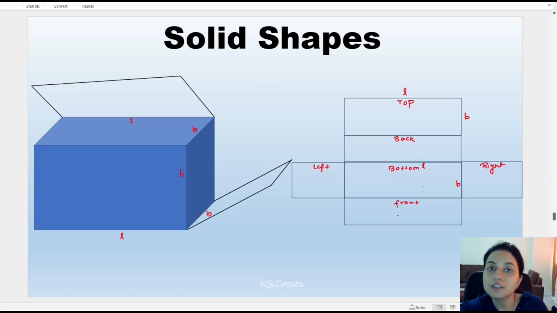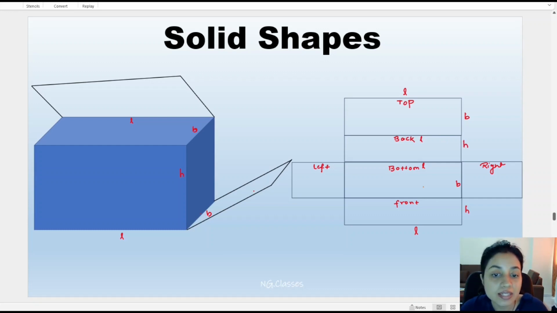When we open it from the front, we will see length will come along with one of the sides and height will come along with the other side. So for the front part, we will have length and height. Similarly, for the back part, we will have length and height.